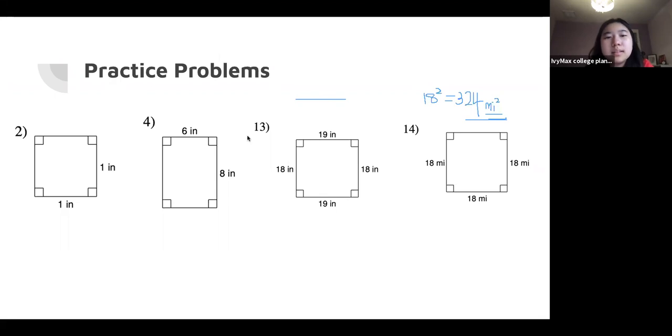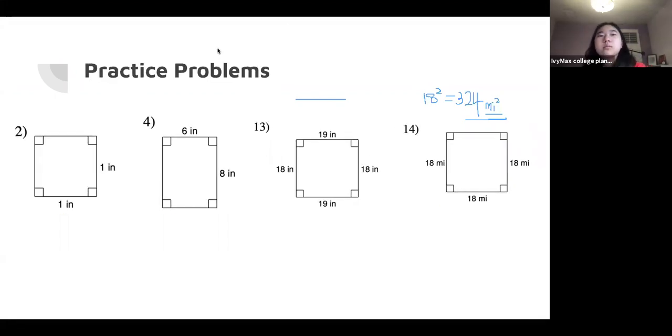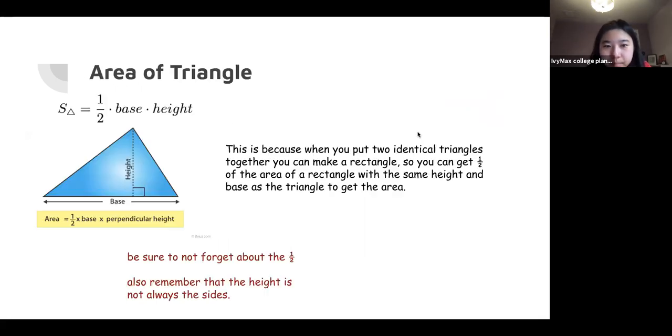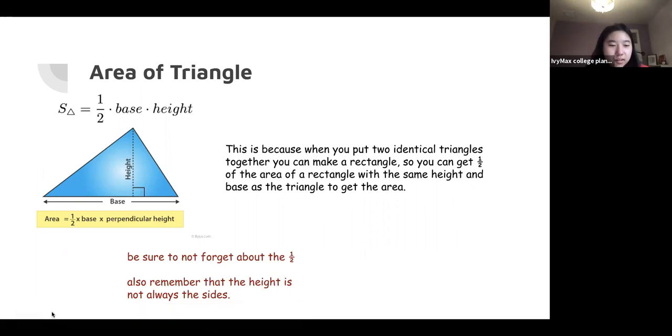And if it's like 13 inches, just do inches squared like that. And yeah, area of a triangle, just make sure you get it. The function is here.